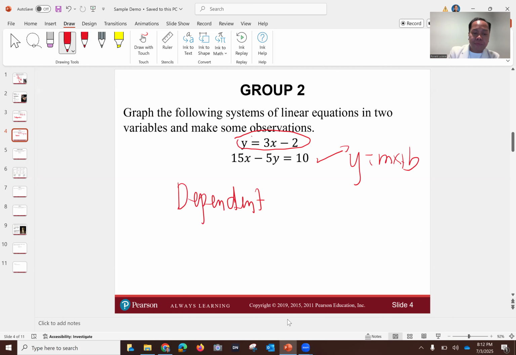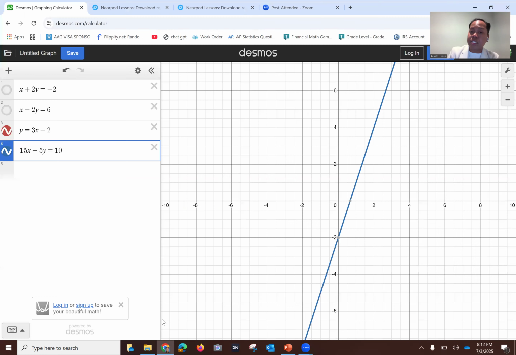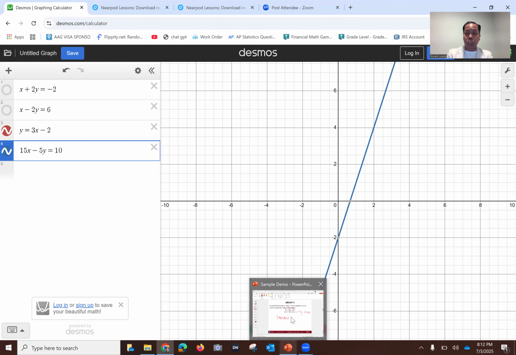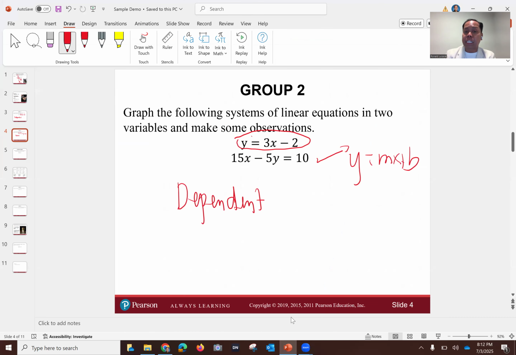Okay, now, since the graphs are the same, they overlap, everything that falls within this line is a solution to the system. Okay, there are infinitely many solutions that will satisfy the pair of equations for number 2.